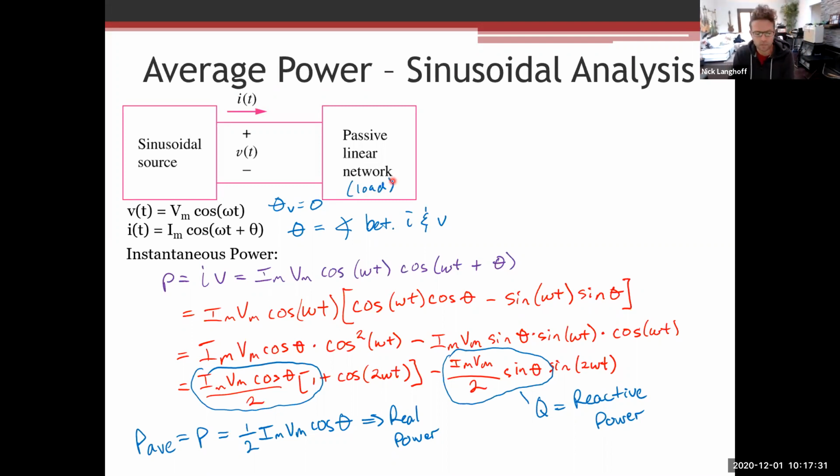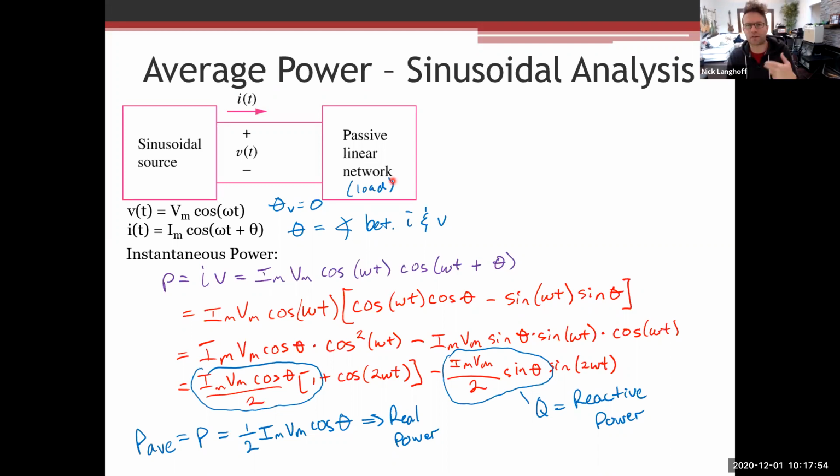Okay. Now we've talked about it. We'll talk about this more as we go through the lesson, but in earlier exercises, we've seen that passive elements that store energy react to the energy elements that they're connected to. They can store that energy and then give it back.